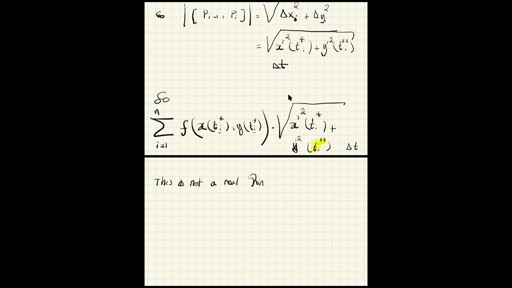Because remember, for the one-dimensional Riemann sum, you had to have some t_i star, and then evaluate whatever function you have on that t_i star. But here you are changing the point t throughout the function. So it's not really a Riemann sum. The good news is this is not a real Riemann sum.